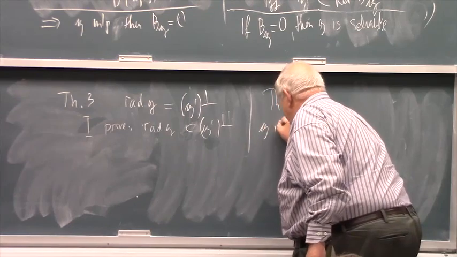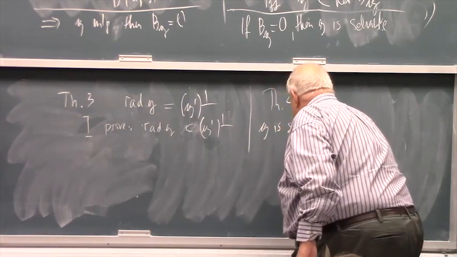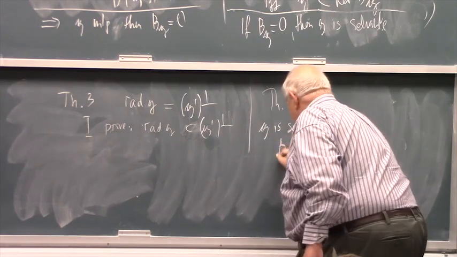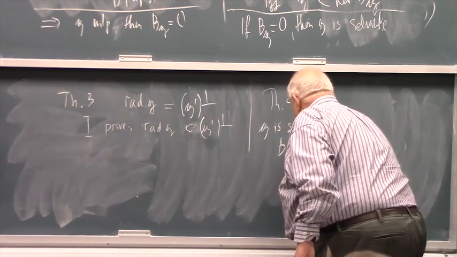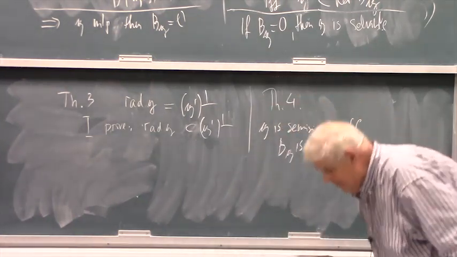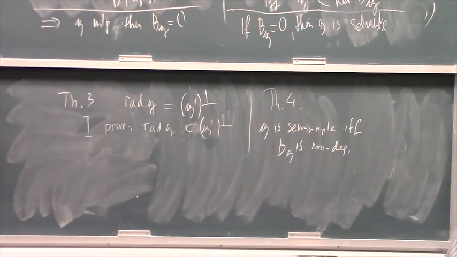G is semi-simple if and only if Bg is non-degenerate. Theorems 2 and 4 are both called Cartan criteria.